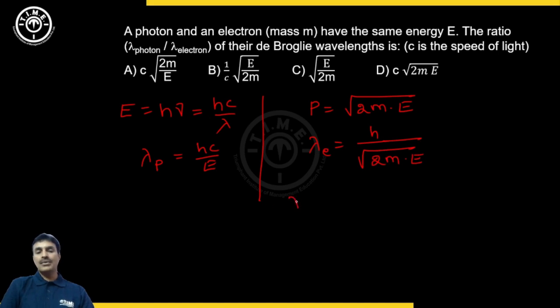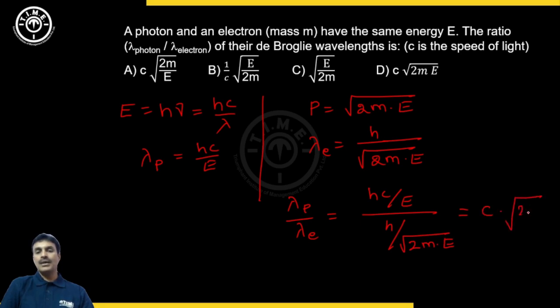Now, the question is about lambda of photon to lambda of electron. Photon is hc by E divided by h by root 2mE. So that simplification gives you c into root 2m by E, which is in option A.